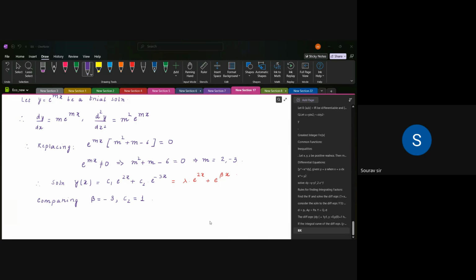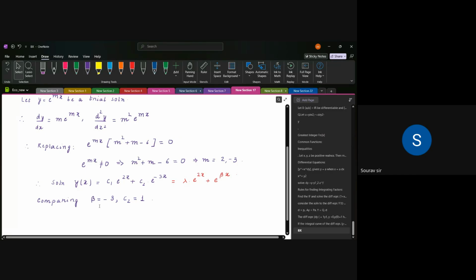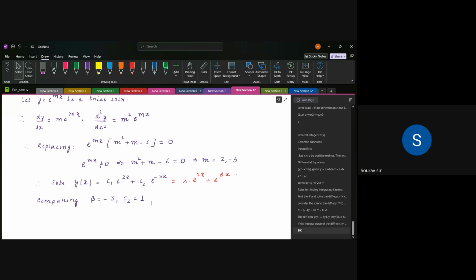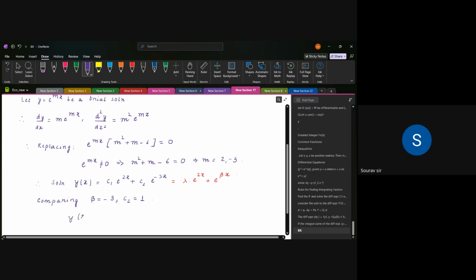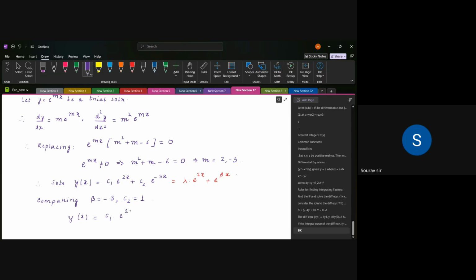Is it fine with all of you? Making sense? Yes, sir. So that means basically from here, your y of x becomes, c1 is lambda, so this is lambda times e raised to the power 2x plus e raised to the power minus 3x, right?